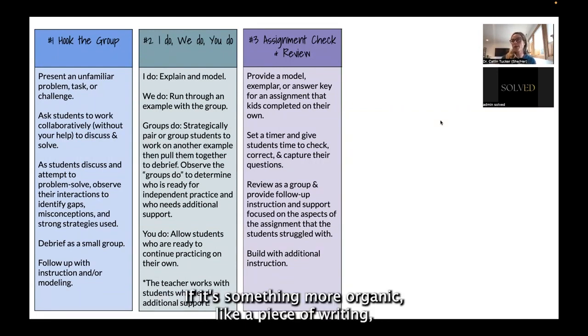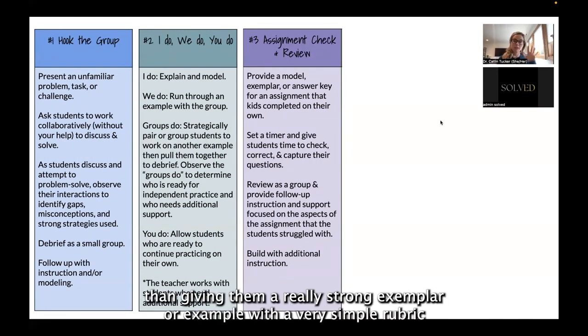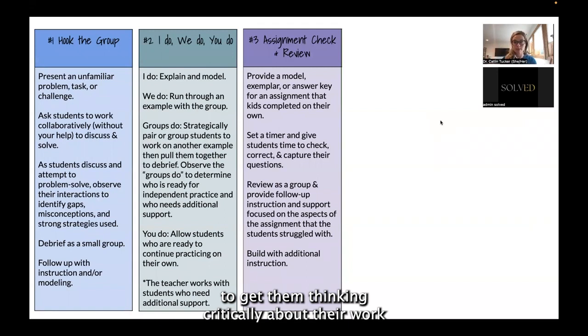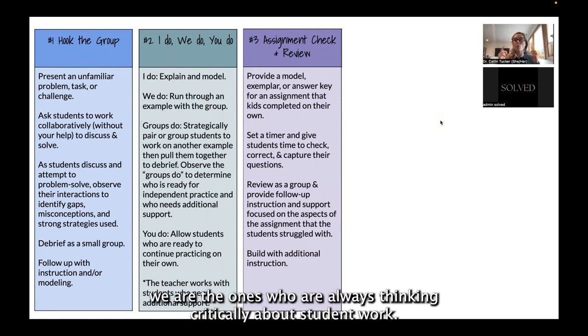If it's something more organic, like a piece of writing, then giving them a really strong exemplar or example with a very simple rubric and asking them to complete a self-assessment is another great way to get them thinking critically about their work and what it's telling them about their skills. Because I think so often we're the ones who are always thinking critically about student work.